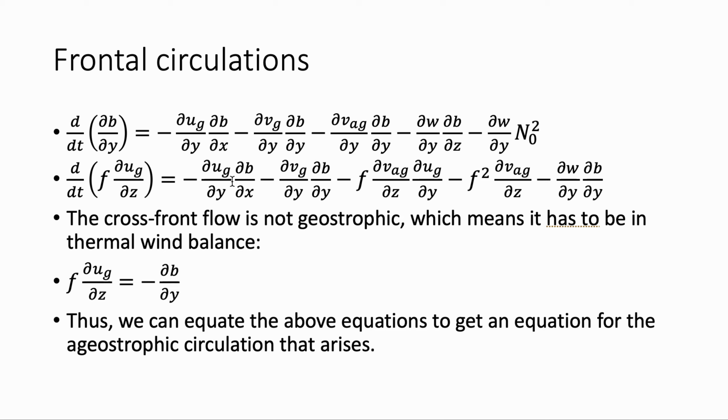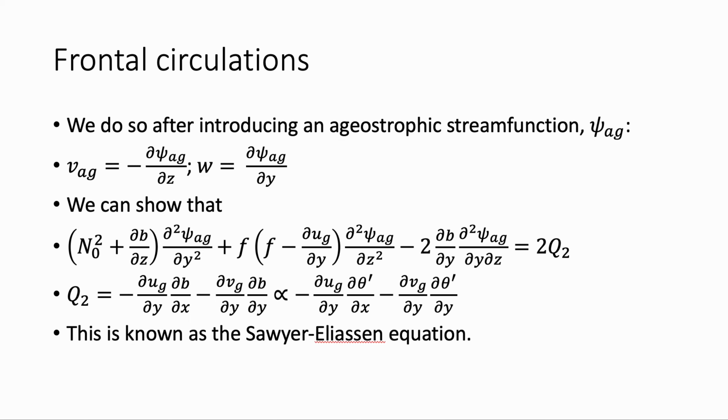Okay, and the strategy is that if we equate these terms, maybe we're able to come up with an equation for the VAG and for W, who are hiding around here. If you do all the math, it turns out that you can define an ageostrophic stream function. This is very similar to how we defined the geostrophic wind components as a function of the geopotential.